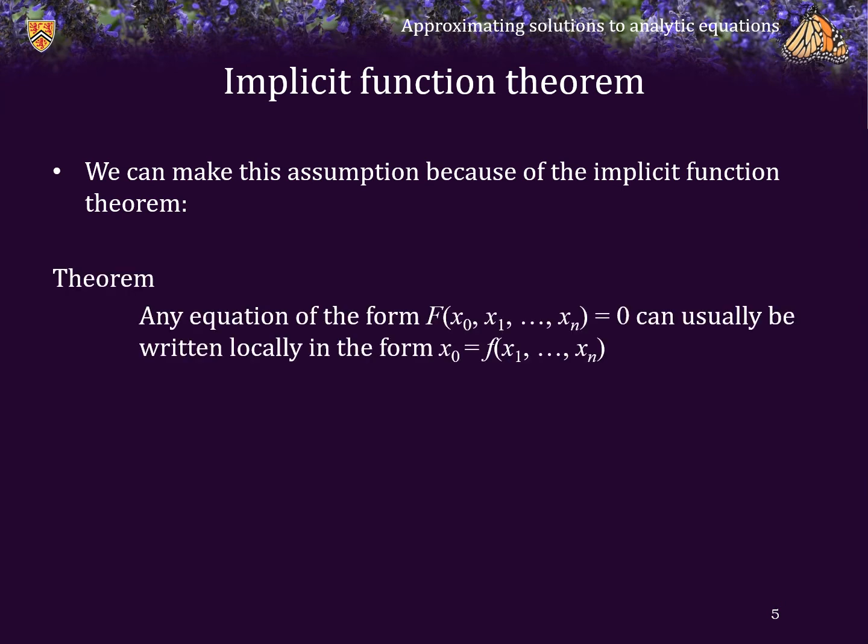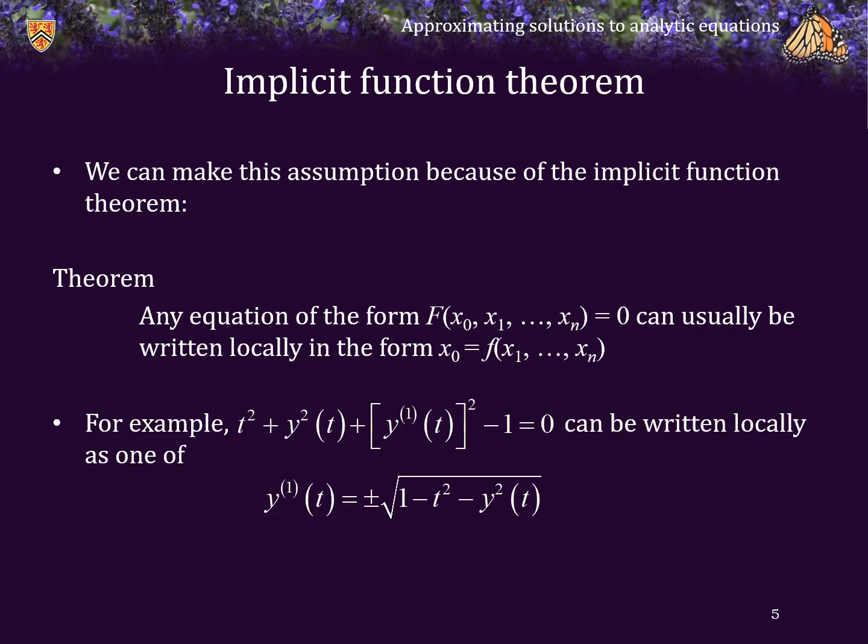The theorem says that if we have any equation where the left-hand side is an expression in n plus 1 unknowns equated to 0, that can usually, not always, but usually be written in the form of one of those variables being equal to a function of the balance of the variables.